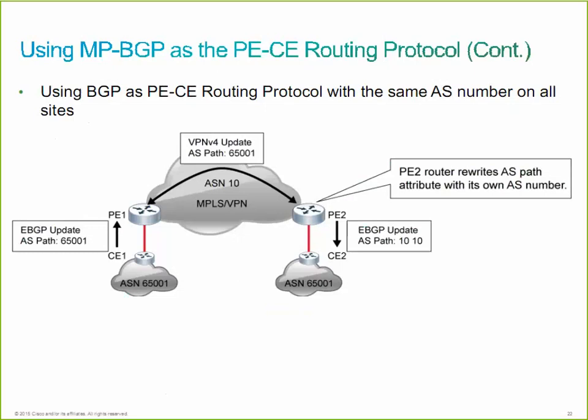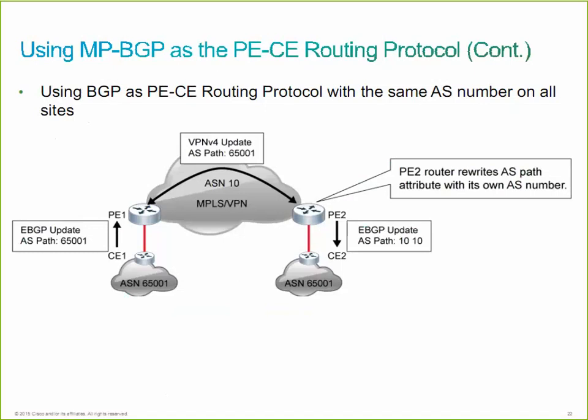Rewriting the AS path attribute prevents the CE router from detecting the MPBGP loop, because we obviously can no longer rely on that because we're overriding that feature. That's going to present problems if you have a multi-home site.